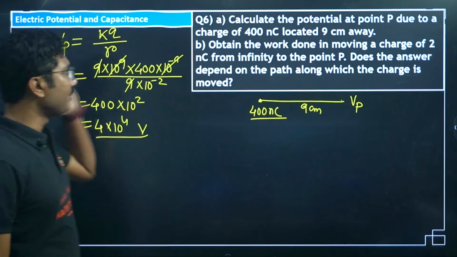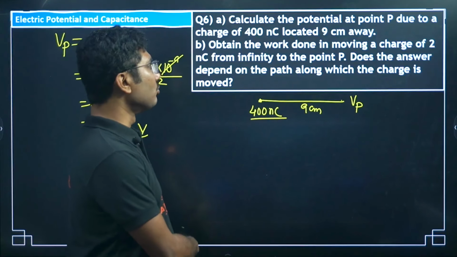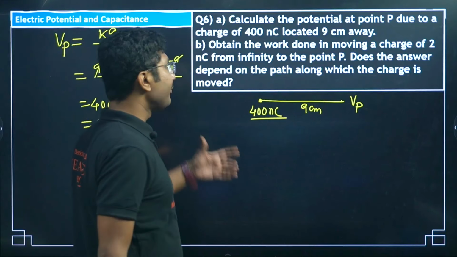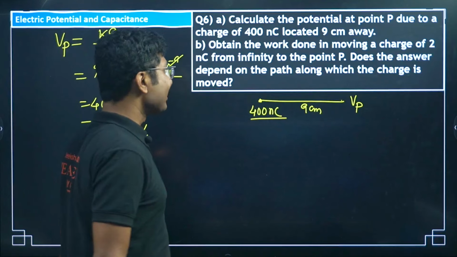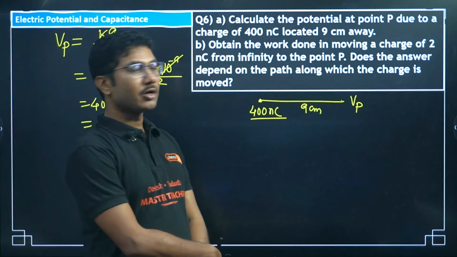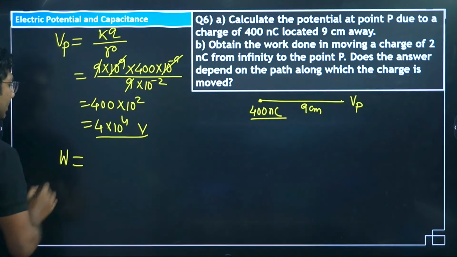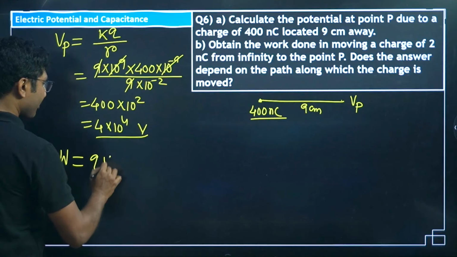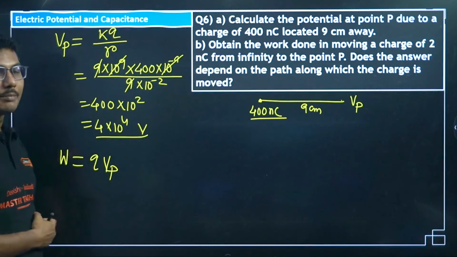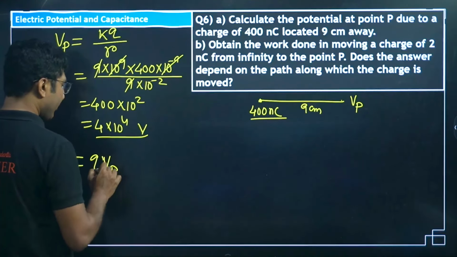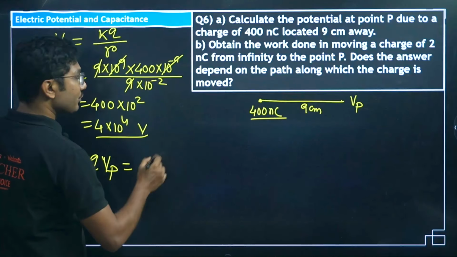Now, next part B: obtain the work done in moving the charge of 2 nanocoulomb from infinity to the point P. Does the answer depend on the path along which the charge is taken? So, the work done to bring a charge from infinity to the point is basically given by Q into the potential of that point. Q is 2 nanocoulomb.